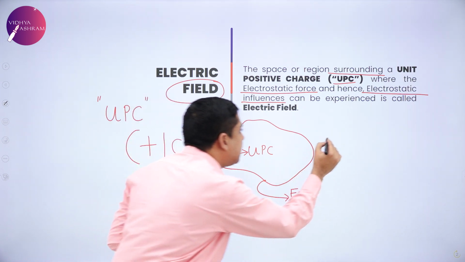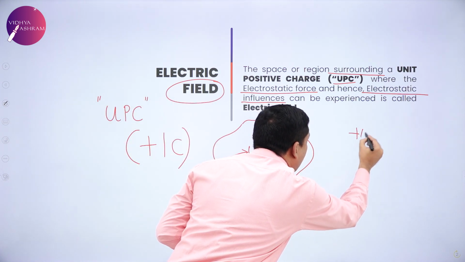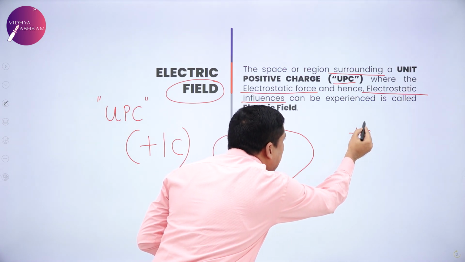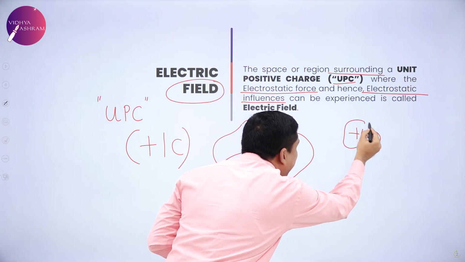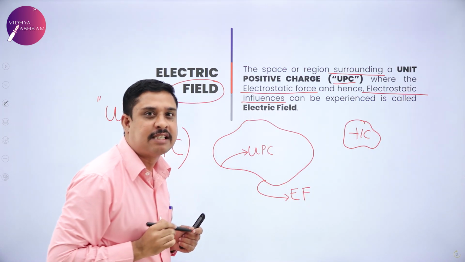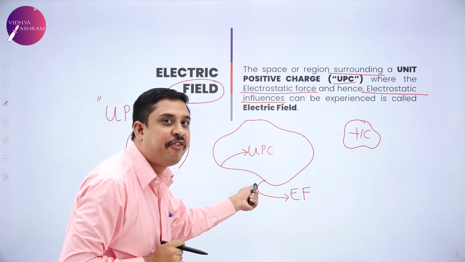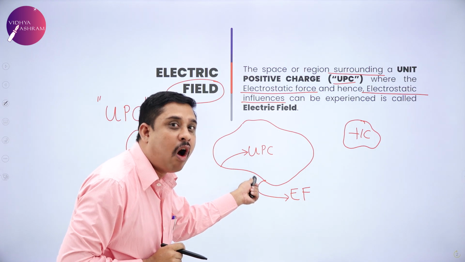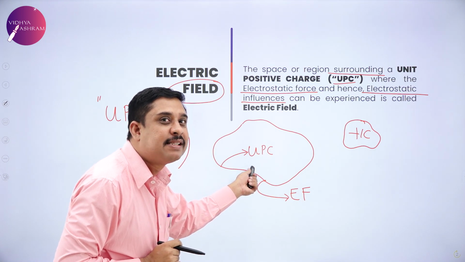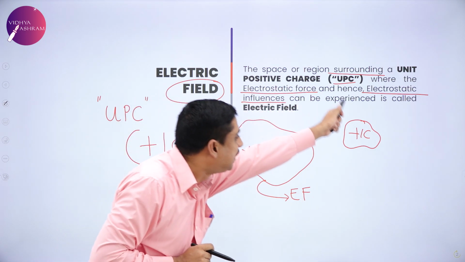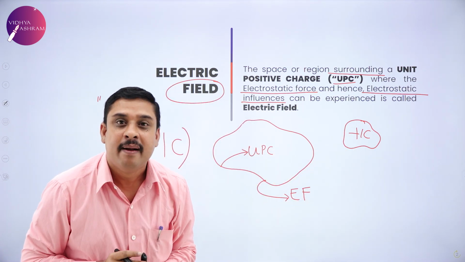Now, suppose I consider one more charge here. There is some space or region surrounding this charge. Now, this electric field is not termed an electric field for this charge. Why?